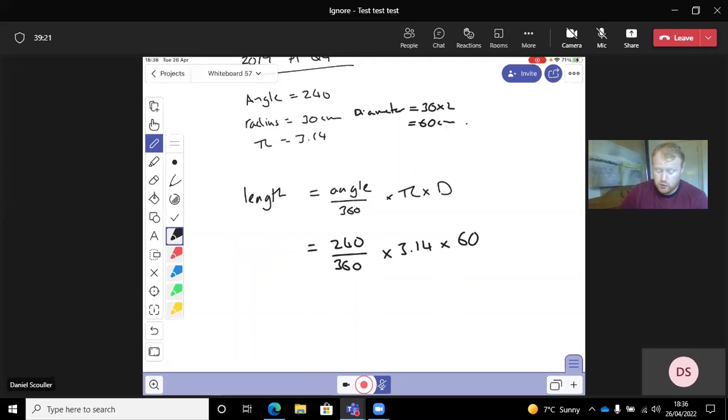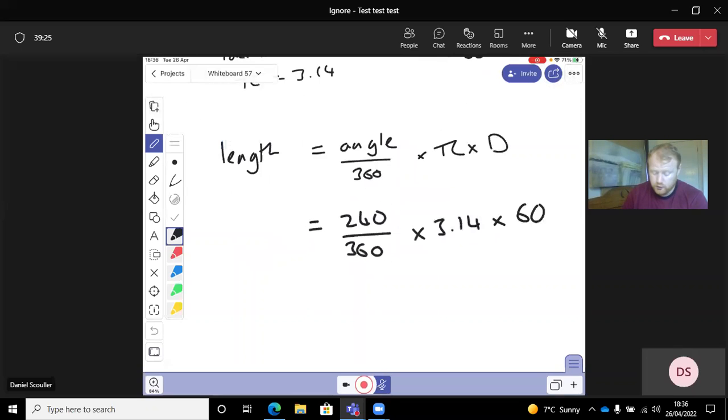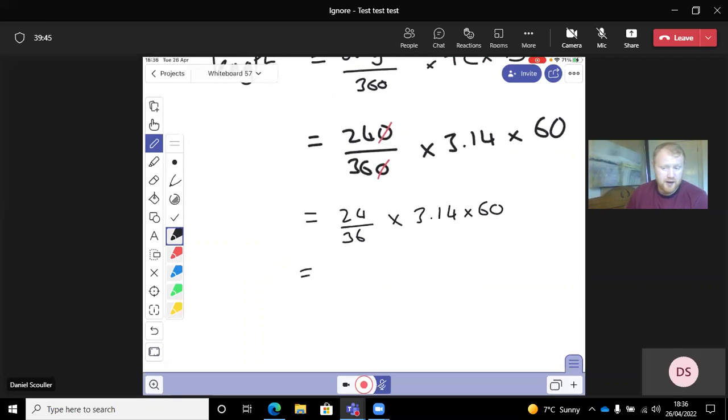Remember, this is non-calculator, you need to simplify that fraction down. The easiest thing to do straight off the bat is just divide them both by 10. You know 10 goes into them directly. So I can just say it simplifies down to 24 over 36, and the rest is just going to stay the same. We'll keep simplifying that down.